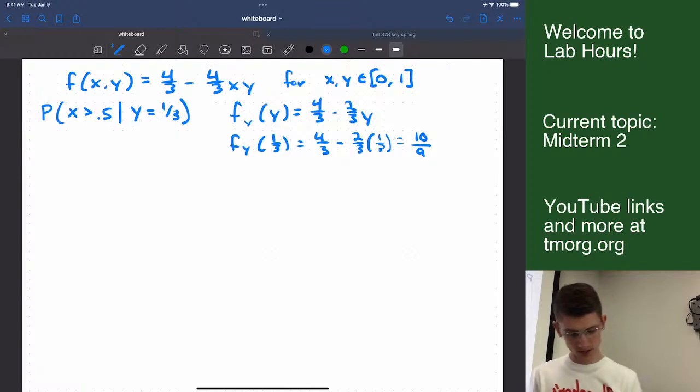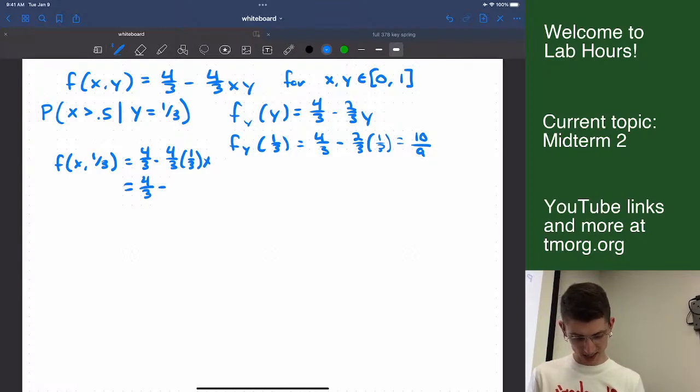Quick maths, right? And so I also know that f(x, 1/3), if I plug them in, is going to be equal to 4/3 minus 4/3 times 1/3 times x, which is going to be equal to 4/3 minus 4/9 x.